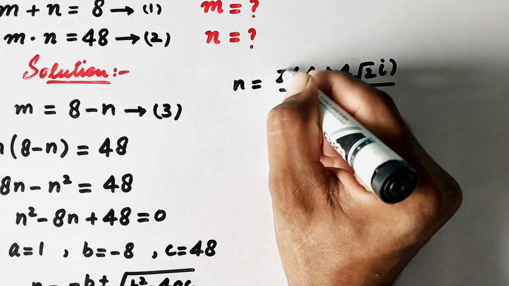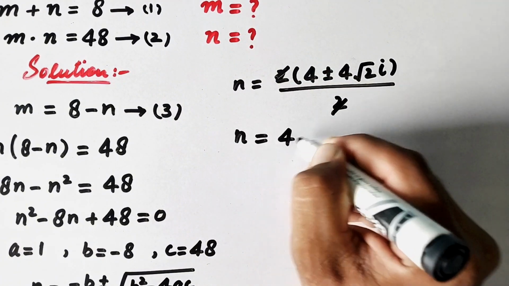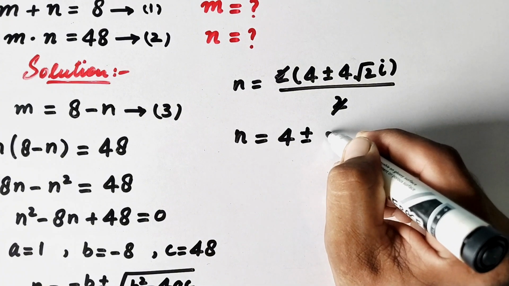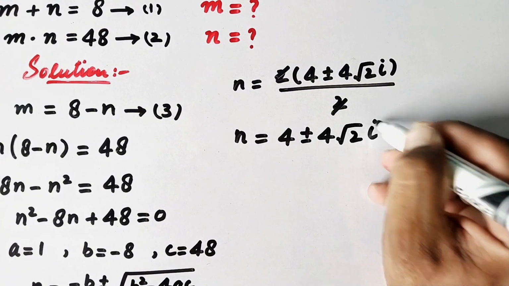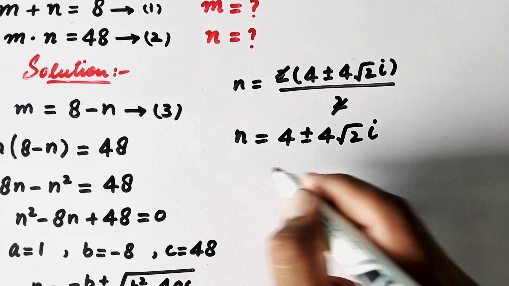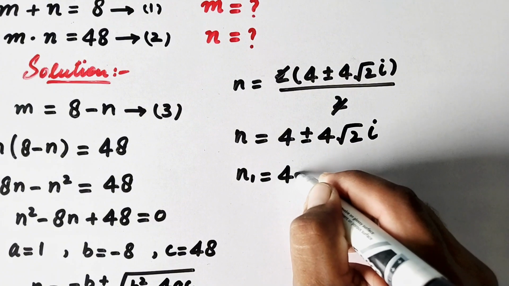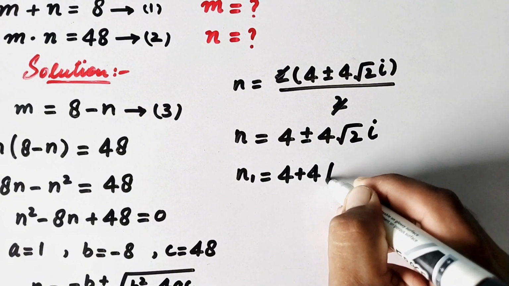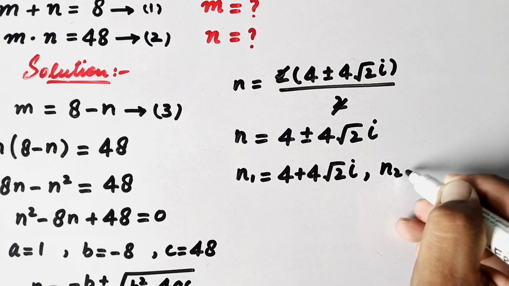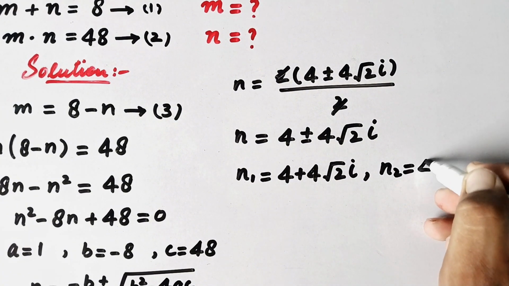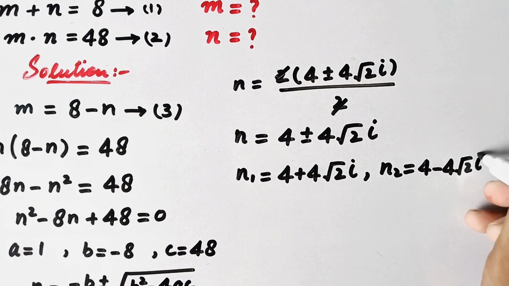Now this 2 will be cancelled by this 2, and here we will get n equal to 4 plus or minus 4 times root of 2 times i. So from here we are getting two values of n: n1 is equal to 4 plus 4 times root of 2 times i, and n2 is equal to 4 minus 4 times root of 2 times i.